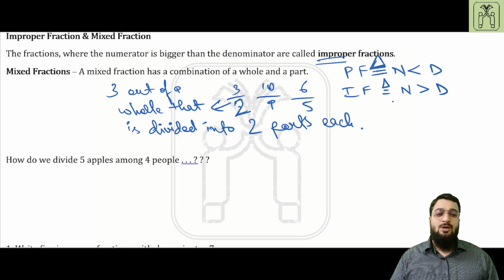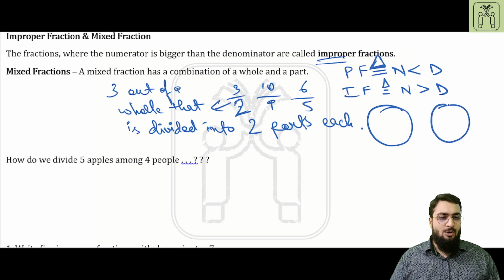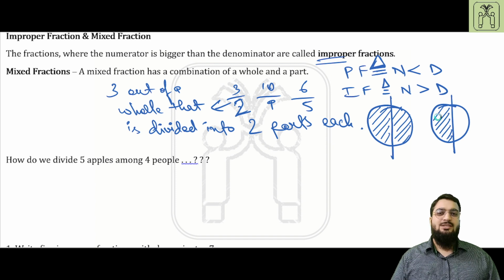That is, one whole has been divided into two parts. Representing it diagrammatically, I would like to make two circles. They may not be proper circles, but just for understanding, we have divided both of the circles into two parts, and we will shade the region representing 3 upon 2. So this is the representation of 3 upon 2.